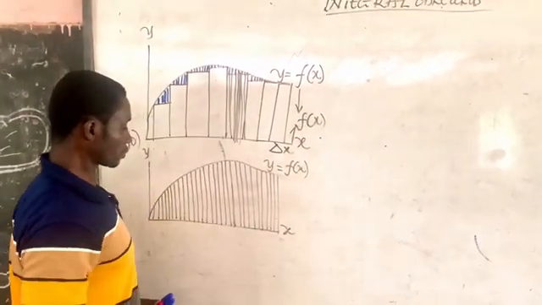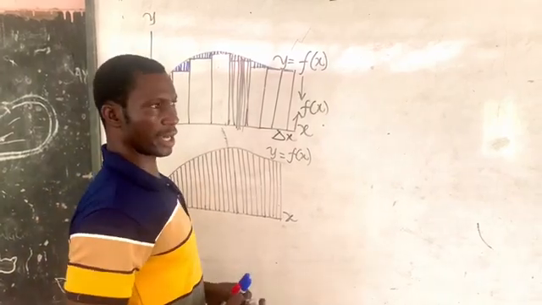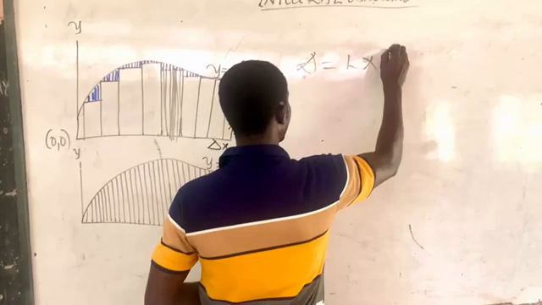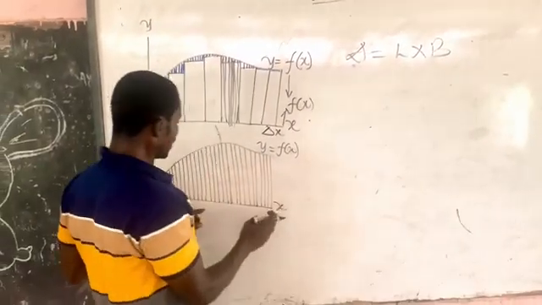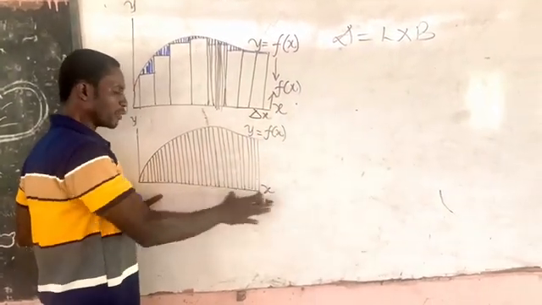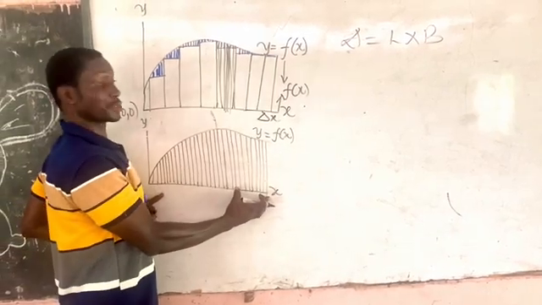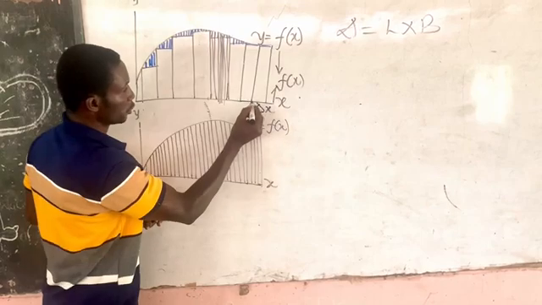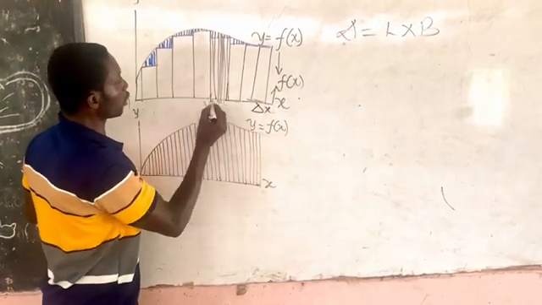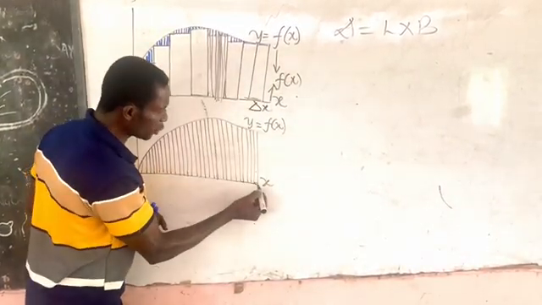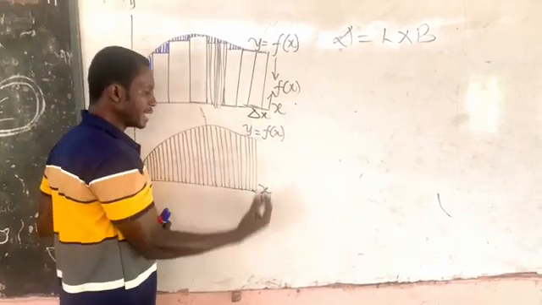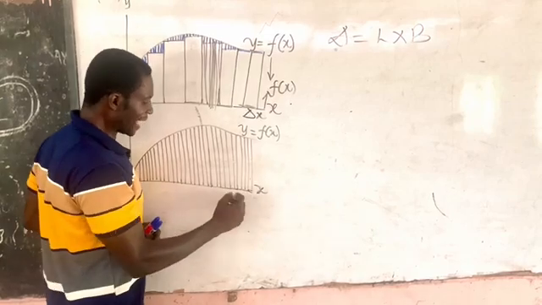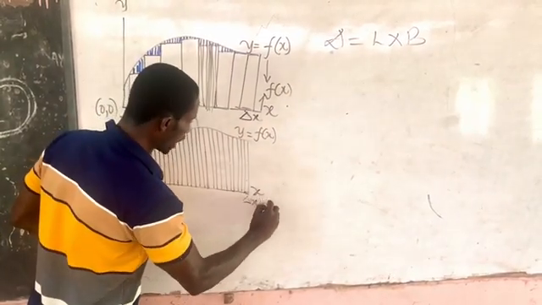Now, what is the area of a rectangle? Area of a rectangle is calculated as length times breadth. But as you have increased the number of rectangles here, you see the width reduces. The width was like this, equal width, but now it has reduced. If you continue increasing the number of rectangles, then delta x will be approaching 0.